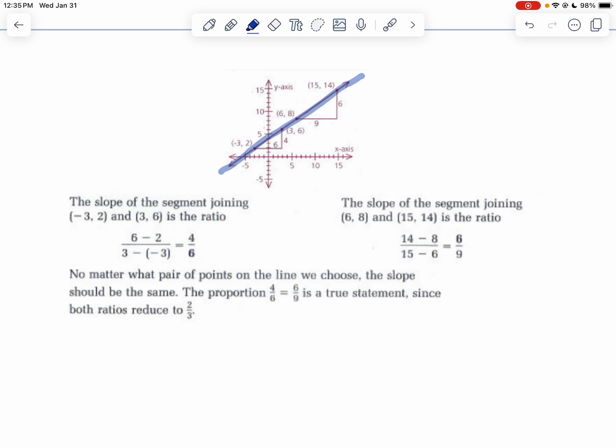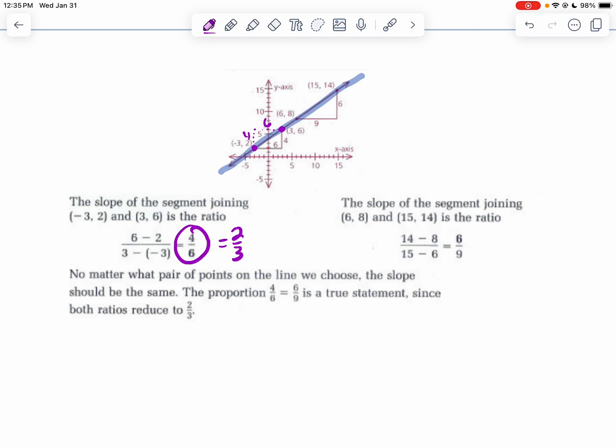Okay, so for example, if we look from this point here, (-3, 2) to (3, 6), we go up 4 and over 6. So that's the ratio 4/6, which is 2/3.